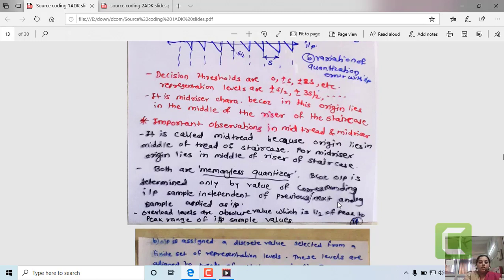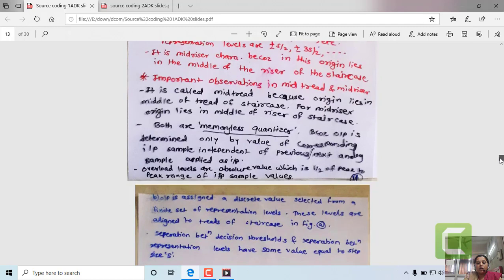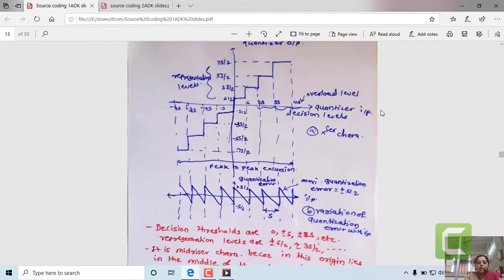That's why uniform quantizers are named memoryless quantizers. Here, the overload levels, that means the decision levels, are seen to be half of the peak to peak range of the input sample values. That means half of the portion of the riser lies below the reference level and half of it lies above the reference level.